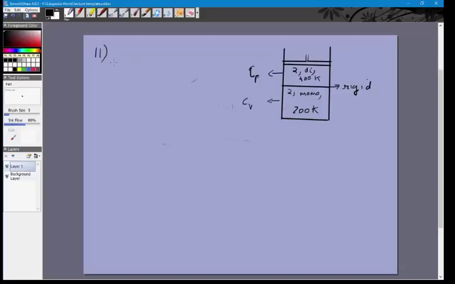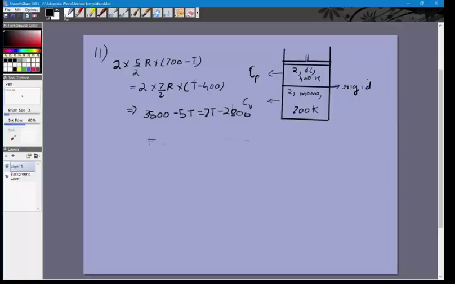So the equation will now be 2 into CP for both of them, 5 by 2R into 700 minus T is equal to 2 into 7 by 2R into T minus 400, which gives me 3500 minus 5T is equal to 7T minus 2800, which gives me 12T is equal to 6300, or T is equal to 6300 by 12, which is 525 Kelvin.